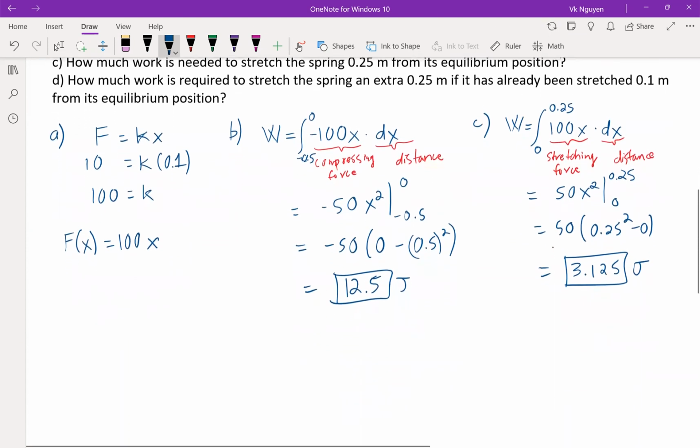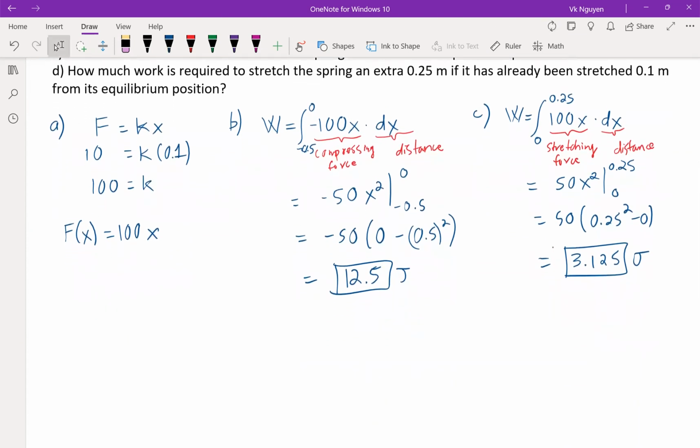So in D, we want to find the work to stretch it an extra 0.25 meter if it has already been stretched 0.1 meter. The work here would be the integral of force times distance.